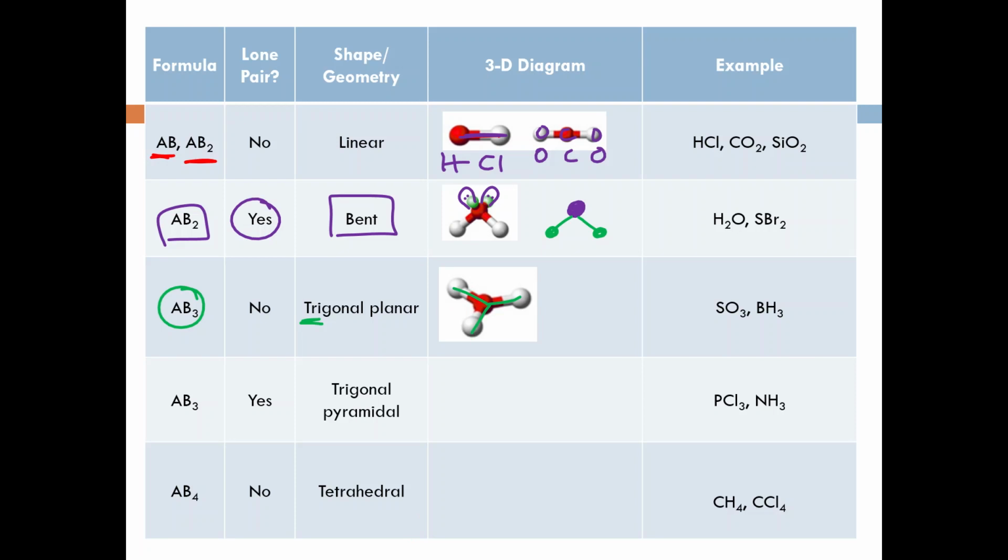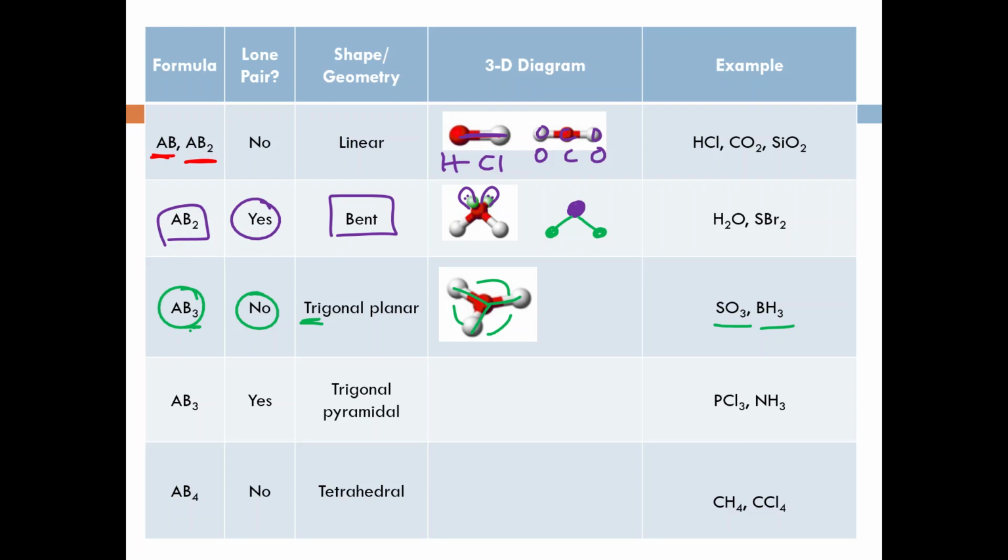Flat triangle, and if you know flat triangles, they basically are going to have 360 degrees there, so each one would be about 120 in that particular deal. But basically you have three bonded atoms and no lone pairs. So a couple of examples here, SO3, BH3. Remember, boron is one of those exceptional ones where you only do 6 valence electrons and 3 bonds.